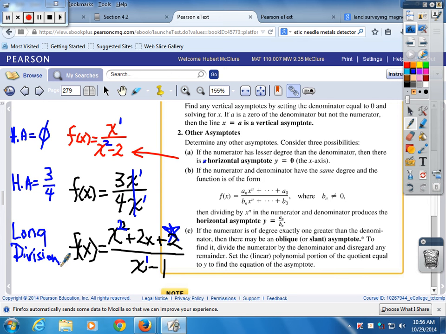And then you either find out that the horizontal asymptote is equal to a number, or you're going to find out if it's equal to some form of x, which is not a horizontal asymptote, but a what? Oblique asymptote.